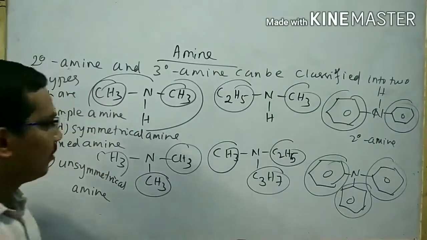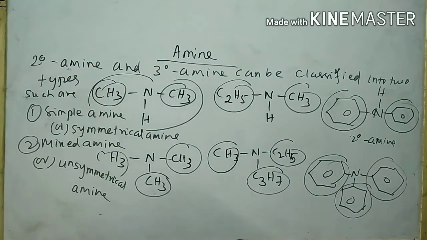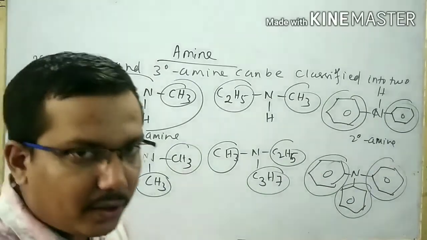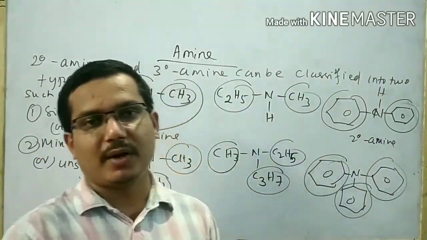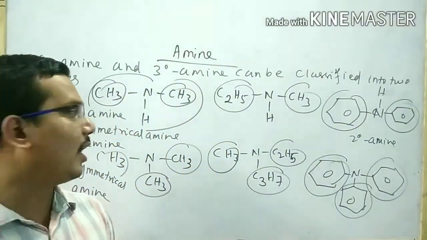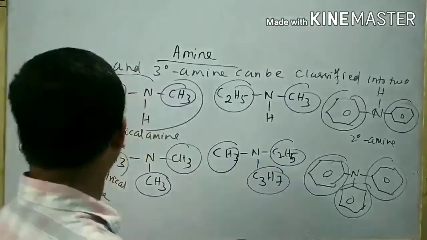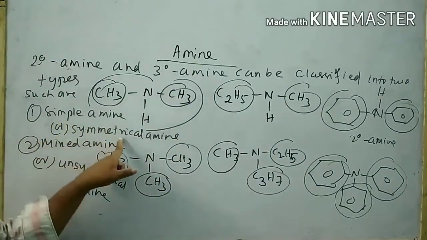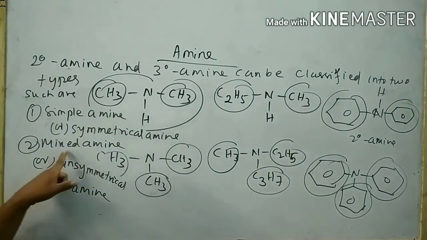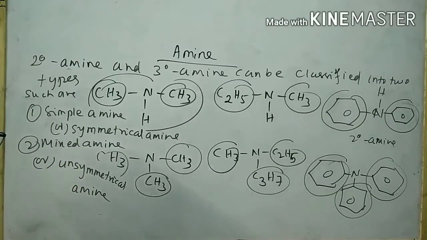Remember, from the example it is clear that if all the alkyl or aryl groups are same, then the amine is called simple amine or symmetrical amine. If any one of the alkyl or aryl groups is different from another, that is said to be unsymmetrical amine, or you can also think about mixed amine.